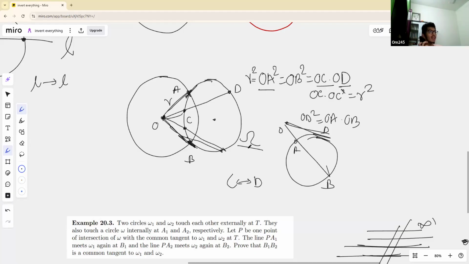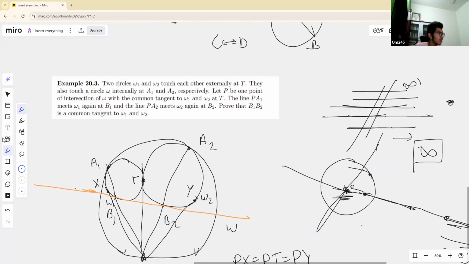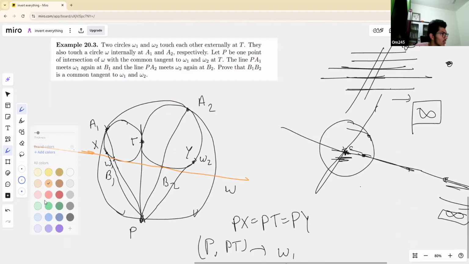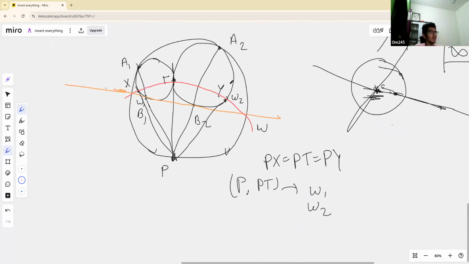And we call this, if this is omega, then omega is orthogonal to gamma, and we denote it like this. Similarly, if you consider this circle here, then call this circle something, I don't know, what do you call it?